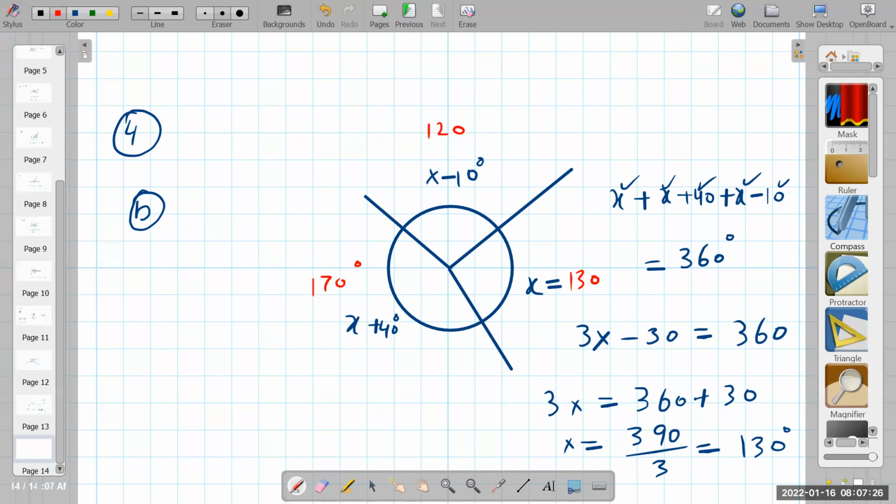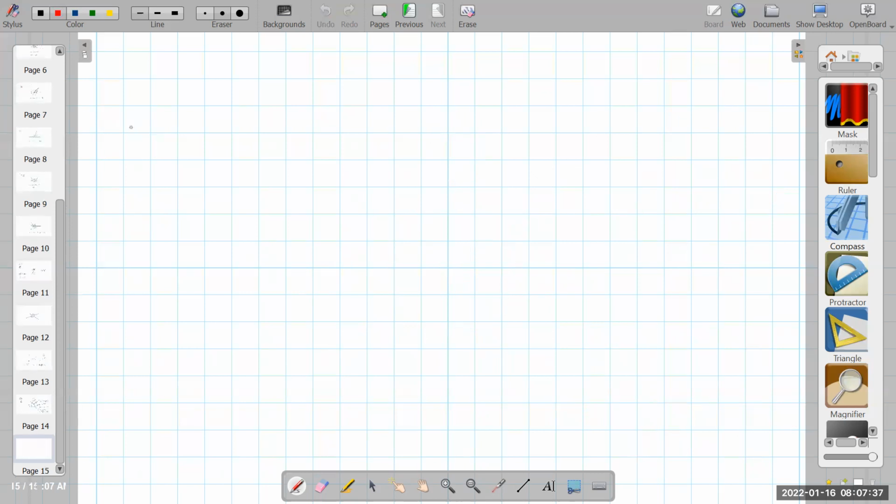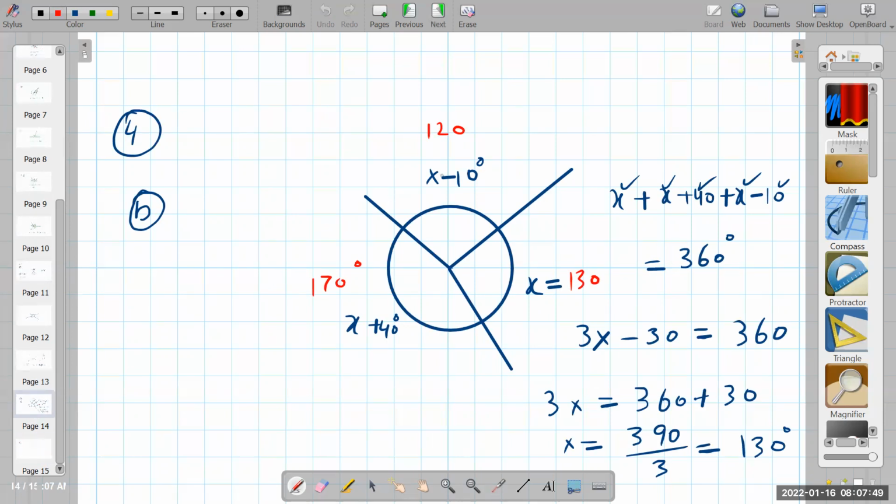Now, question number 5. Calculate the value of X in each of the following. Okay, which one? A, B, or C? Mr, in question number 4B, why did you write 130 and 170? Look, X equals 130.